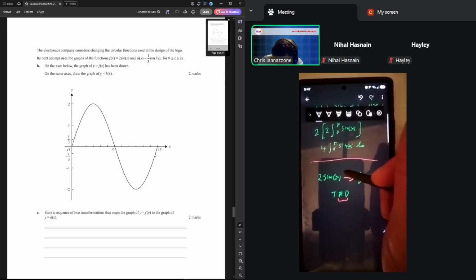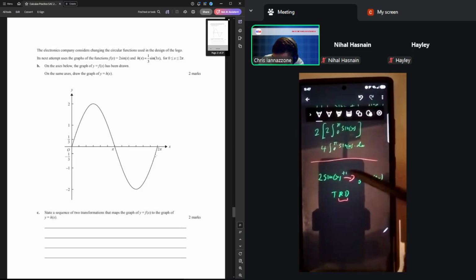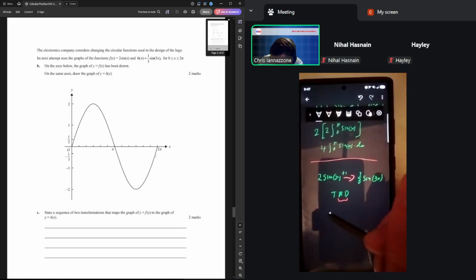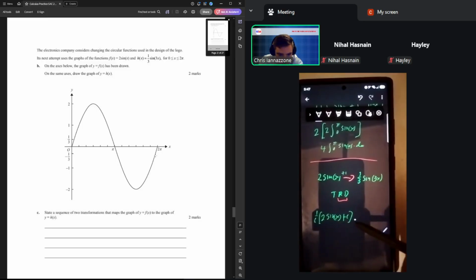Like, let's say there was a +1 in that, and I wanted to make this dilate factor look like this dilate factor. Well, I'd have to divide this function by 6 to make that work. So I would have my 2 sine x plus 1, and I'd be applying a division of 6, but because it has to apply to the whole thing, I can't just put it on the front. That +1 now becomes +1 over 6, which we otherwise wouldn't want.